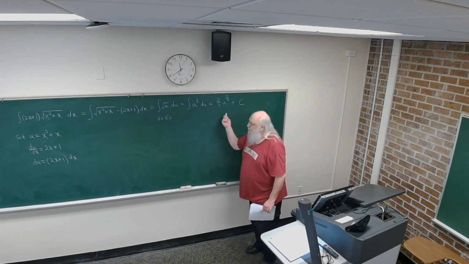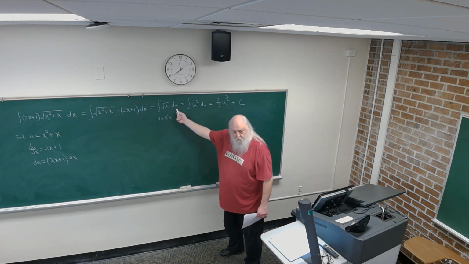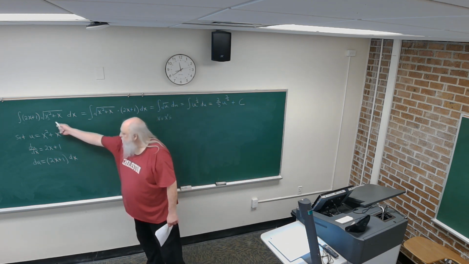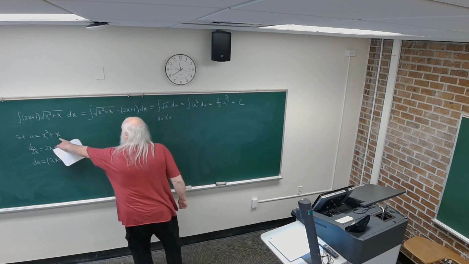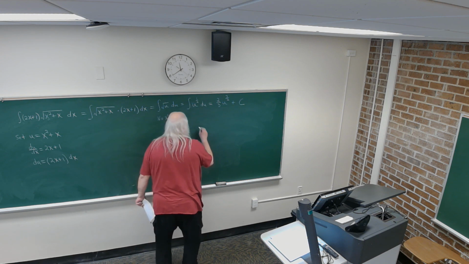So this is the antiderivative of square root of u with respect to u. And now to get the antiderivative in terms of the original function, in terms of x, we do a reverse substitution. Replace u with x squared plus x.